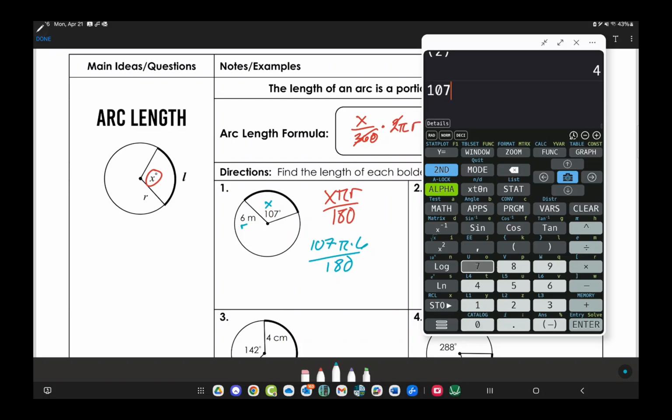Gives you about 18.68, and it's in meters.